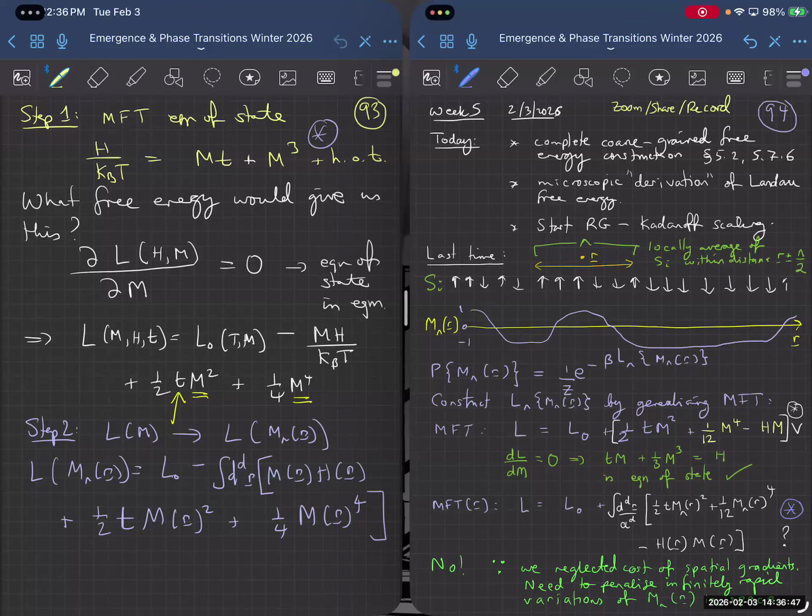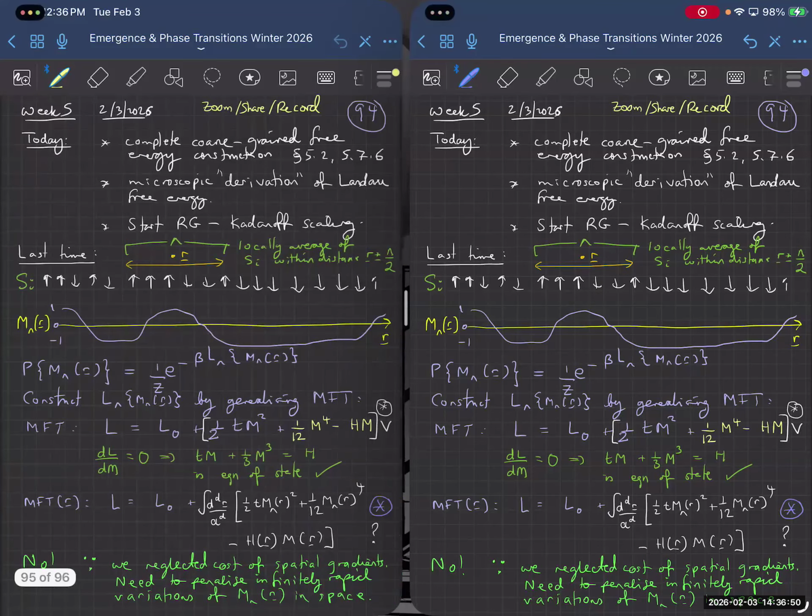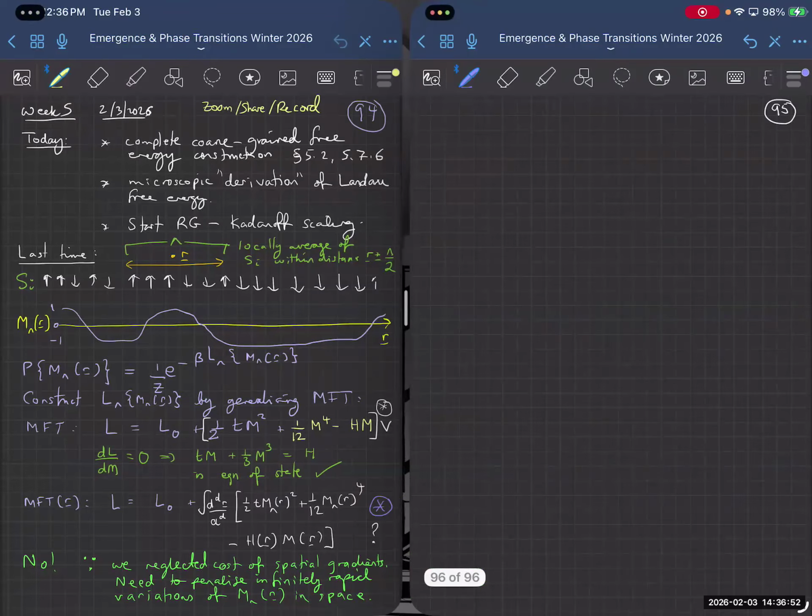And the answer is no, we're not done, because we've neglected the cost of making a spatial gradient in the free energy. In other words, if I have a uniform system, and now I make a deformation of the system, so the magnetization is now varying in space, there should be a cost associated with the spatial gradient. Why?